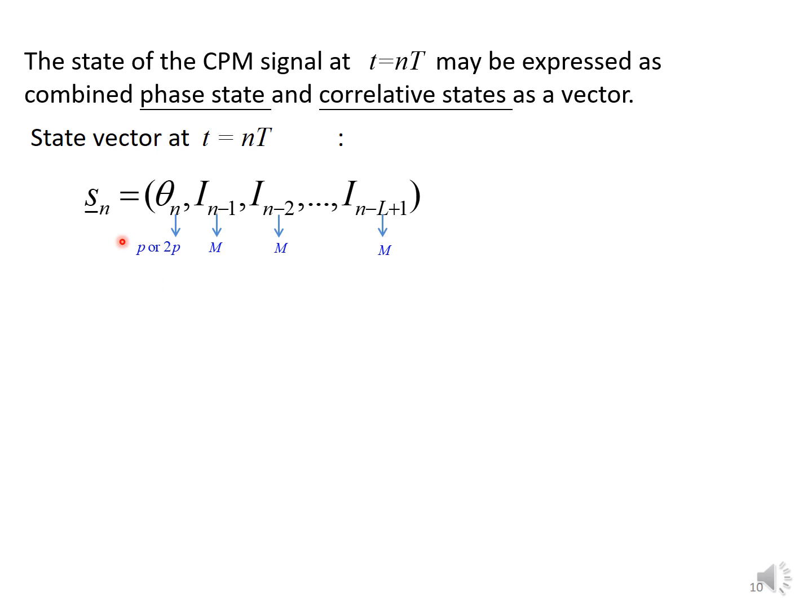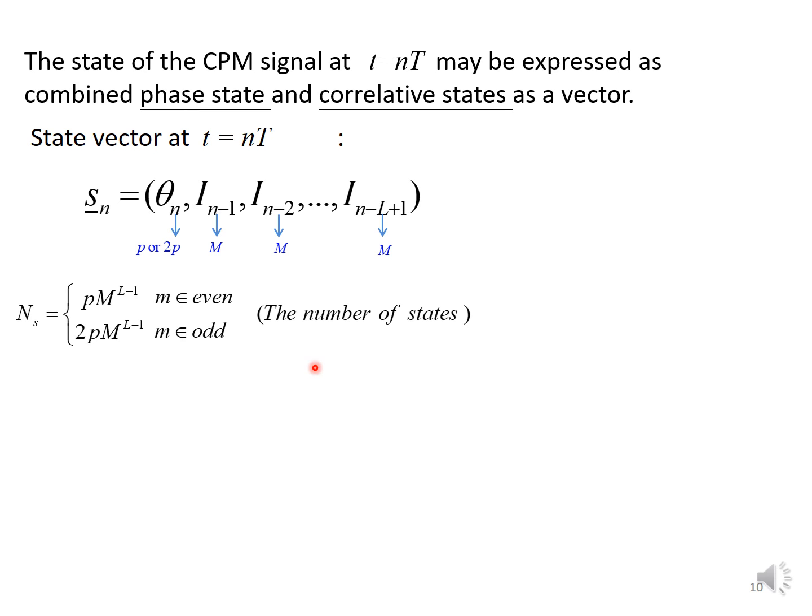And the initial phase has two phases, and the previous symbols, every previous symbol is an M-ary modulation. So together we have lots of combinations to determine the state of the signal.